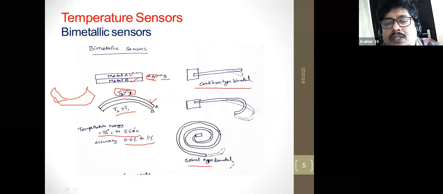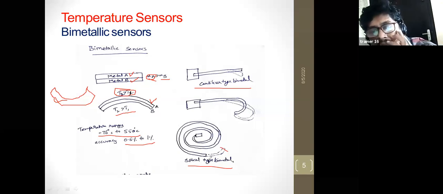And in the spiral type of bimetal, when it is exposed to some heat source or temperature, automatically expansion takes place, up to this point. If the temperature is high, there is an expansion.